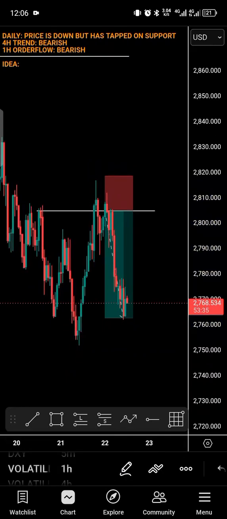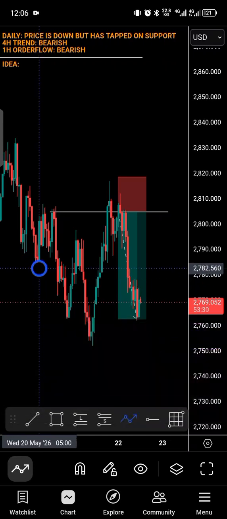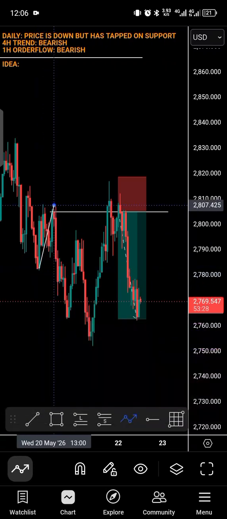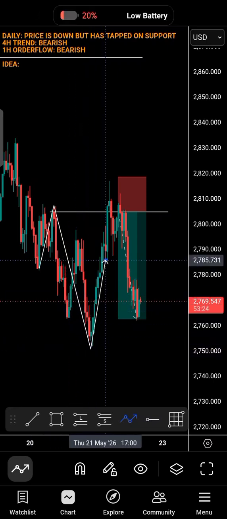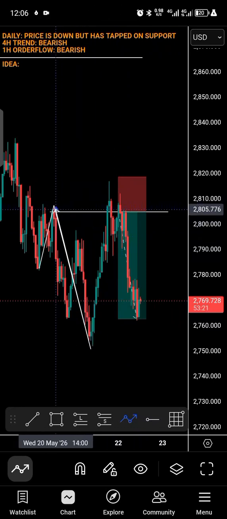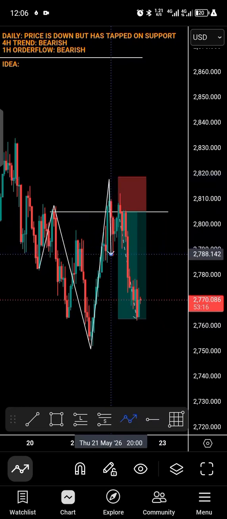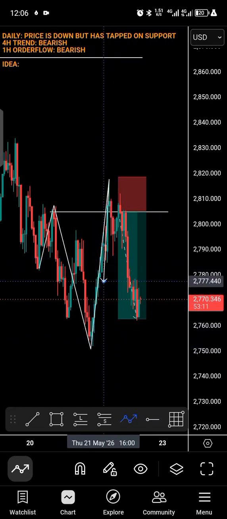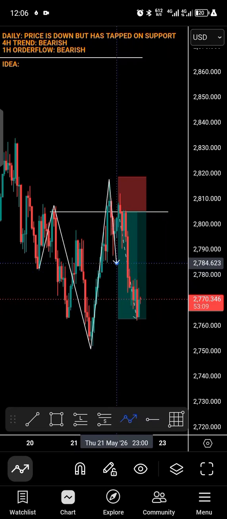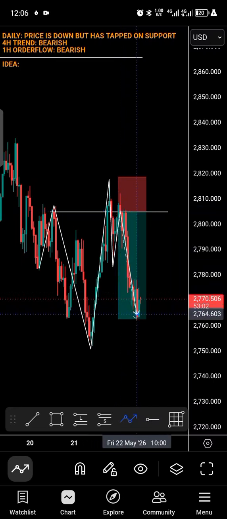There was this high that was created here, and then price came all the way down, and then there is a sweep of this high. And then price came all the way down. That's before the break of structure. It can happen after the break of structure or before. So for this one, it happened before, and then it went back up to test this, and then it dropped.